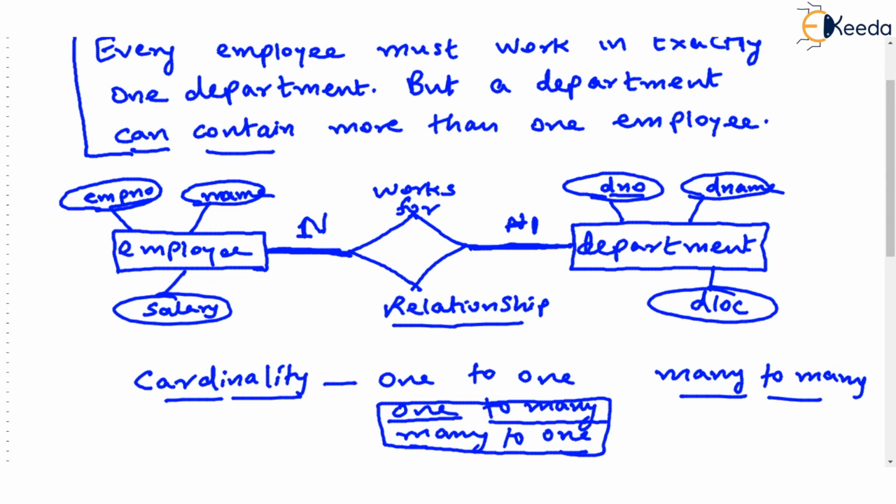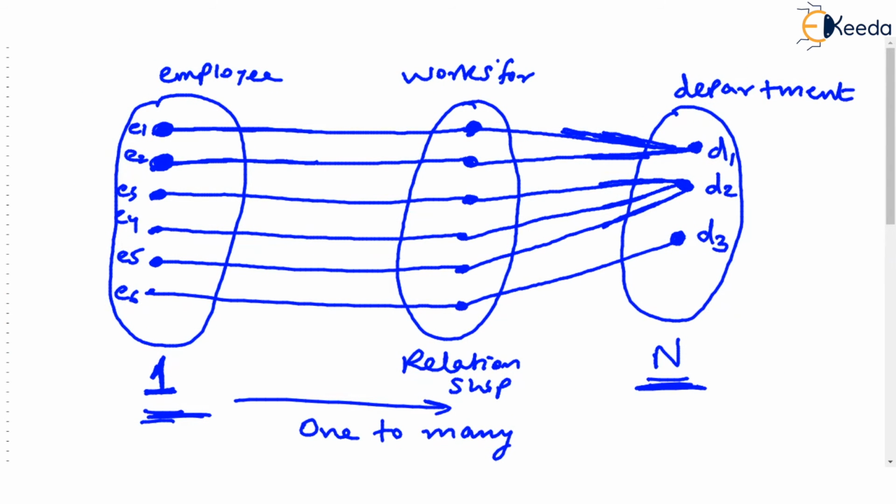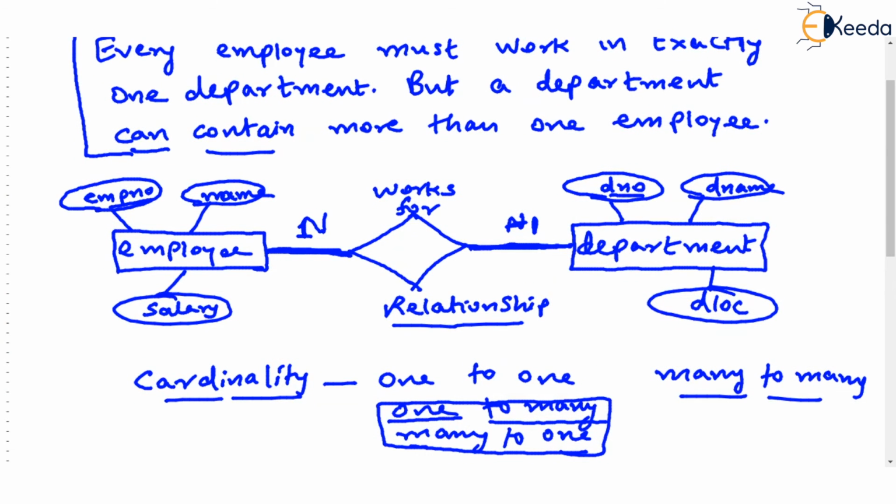Now what we do is, in the set diagram, we have got employee as one side and department as n side. Then in the ER diagram, we exactly swap these roles of 1 and n. We will write n on employee side. Just be careful about this.